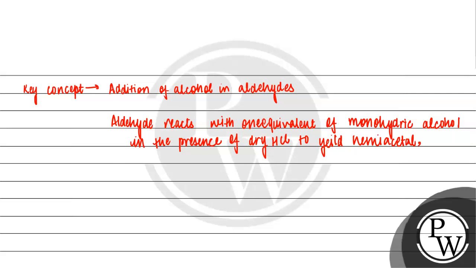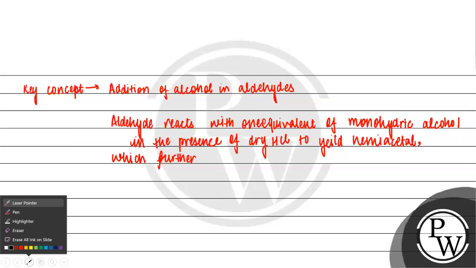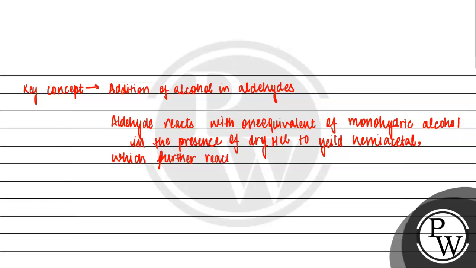So this hemiacetal हमारा further react करता है, which further reacts with one more equivalent of alcohol to give a gem dialkoxy compound. और ये gem dialkoxy compound को हम कहते हैं acetal.